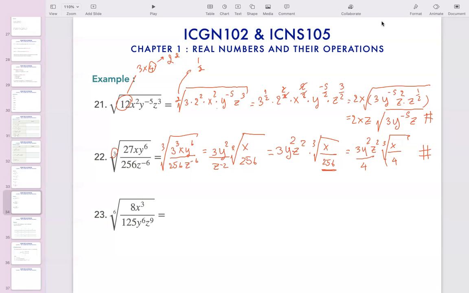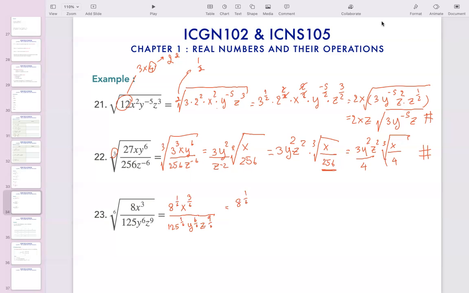Then I can have 8 to the power of 1 over 6, x cubed to the 1 over 6, over 125 to the 1 over 6, y to the 6 over 6, and z to the 9 over 6, like this. And then I leave 8 to the 1 over 6 here.